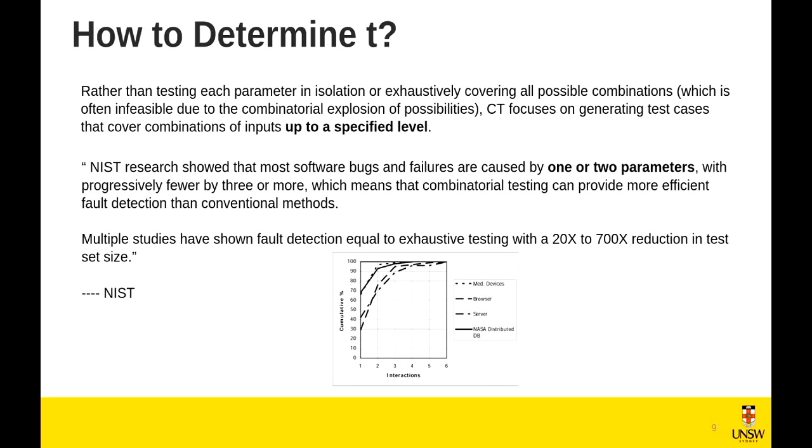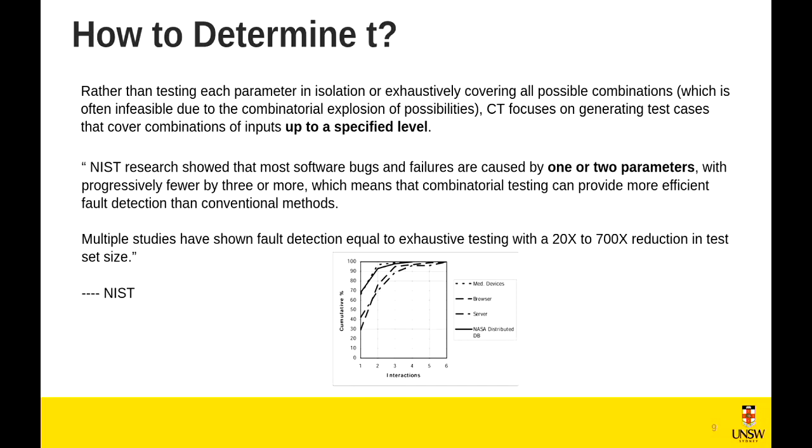And this is a report from their findings. They have tested different targets, for example, medical devices, browsers, servers, and the NASA distributed database. So we can see that if we apply two-way combination testing, we can cover at least 70% of the faults.